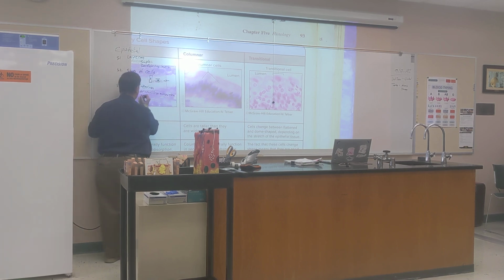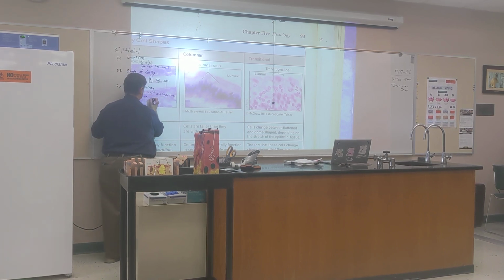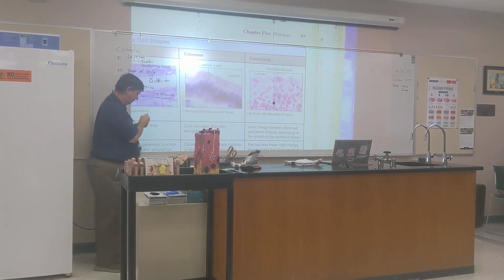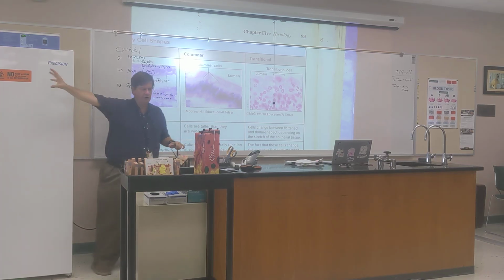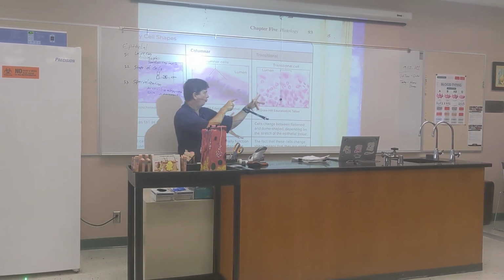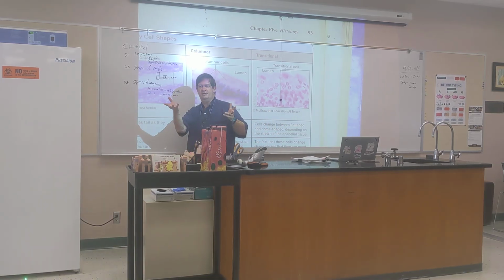If it has cilia, that would cause movement. That might be, oh, here's an ovary, and here's the uterus, and here's the fallopian tube, and it's making a current to wash the egg towards the uterus. Does that make sense?